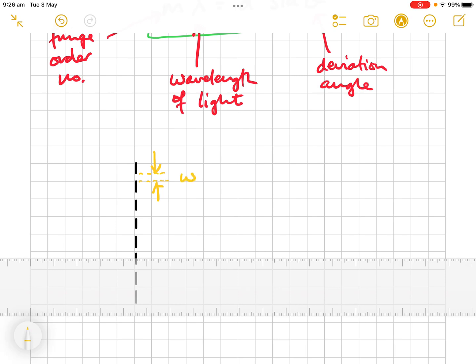So that's sometimes called W, the slit width, and it's always less than or equal to lambda. Now that's not in the equation, but I'm pointing it out to you so that you don't get confused. W has to be less than or equal to lambda to get diffraction at each of those individual slits.